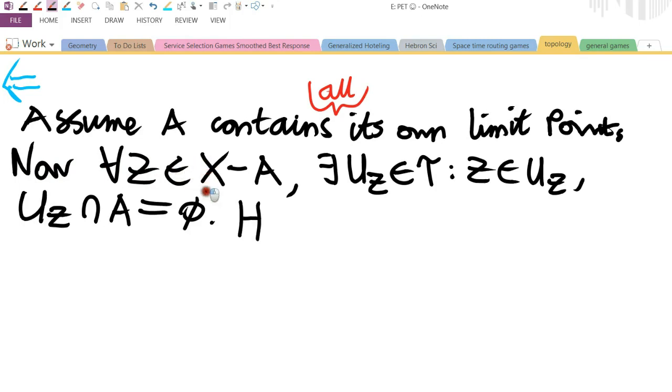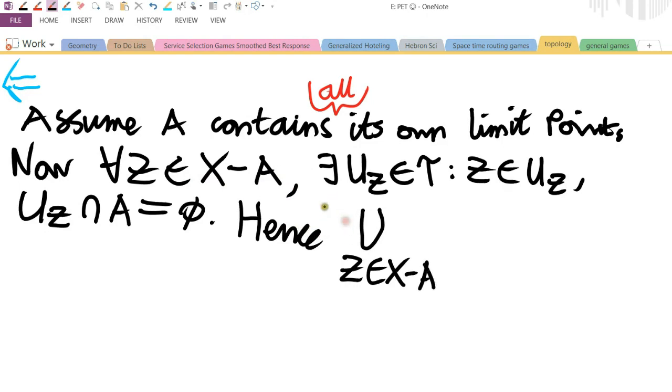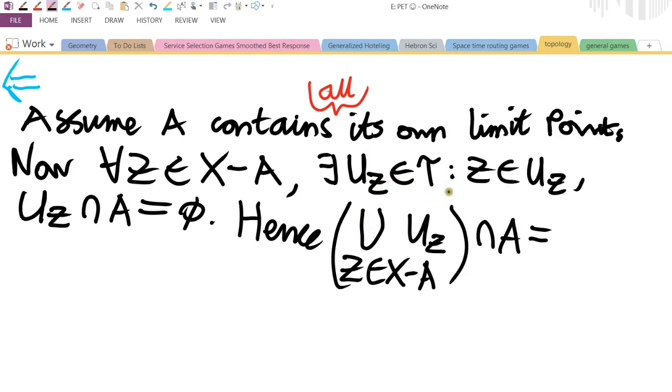Well, we have one of these open sets for every point Z outside of A. So if we take the union over all Z in the complement of A of these special open sets UZ, well, we know that the intersection of that with A is equal to the empty set.